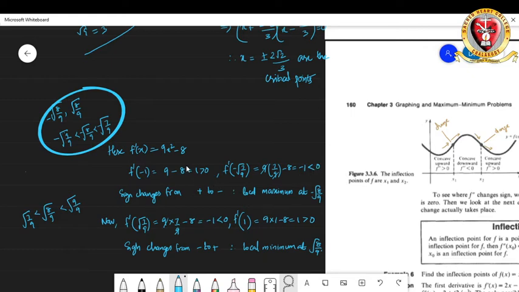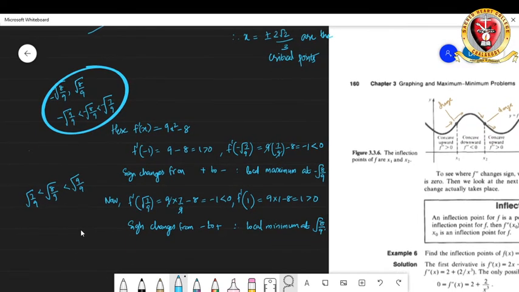So you have the sign changing from positive to negative. That means you have a local maximum at minus root of 8 by 9 or minus 2 root 2 by 3. Now for root of 8 by 9, you're going to consider the points to the left as root of 7 by 9 and the point to the right as root of 9 by 9.